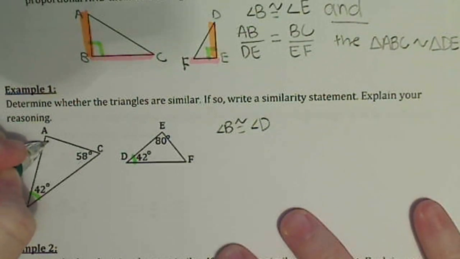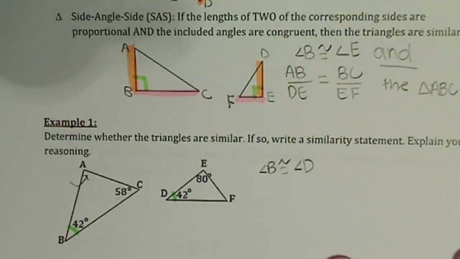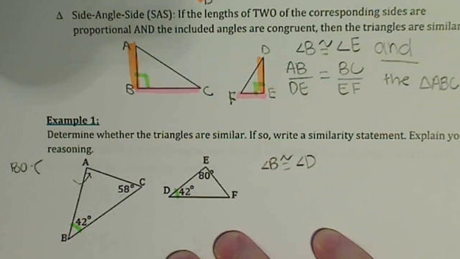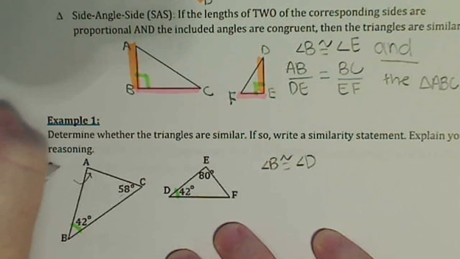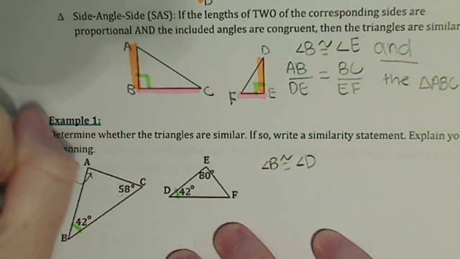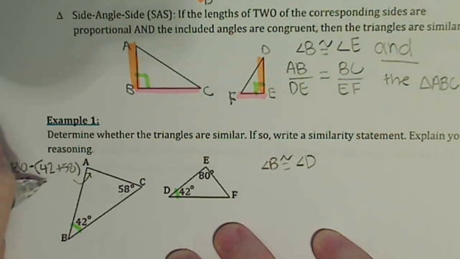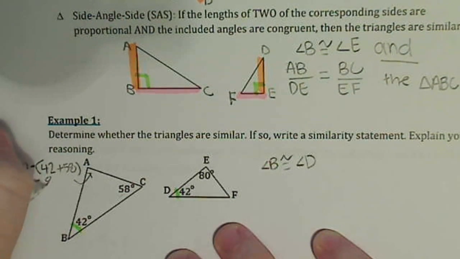So let's solve for A. Angle A, we're going to take 180 and subtract the sum of the other two angles. So angle A is going to equal 80 degrees.